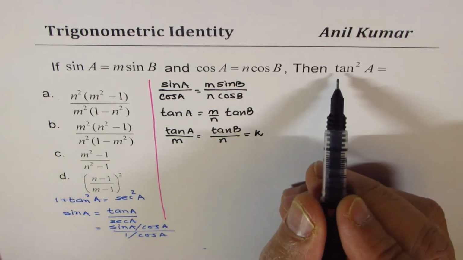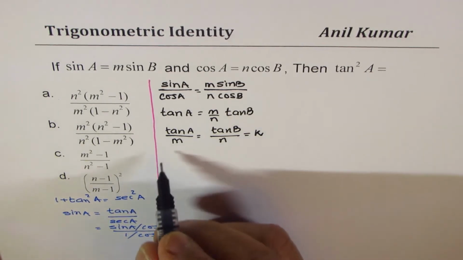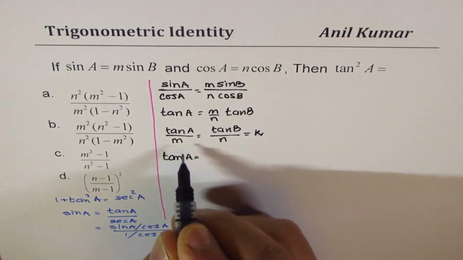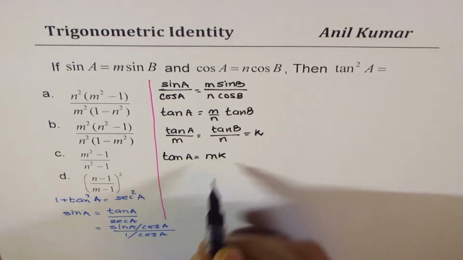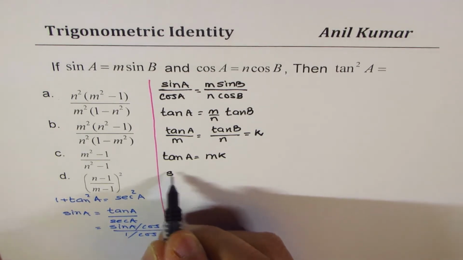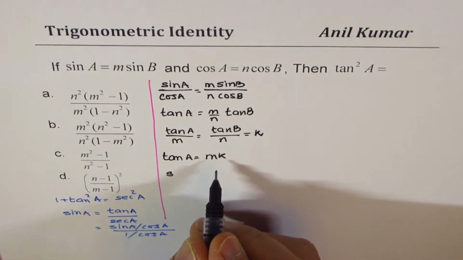We want to find what tan square A is, so what we write here is that tan A is m times the constant k. Is it okay? That is one of the very critical steps in the solution of such questions. Now we'll use this identity and then try to figure out what k is.